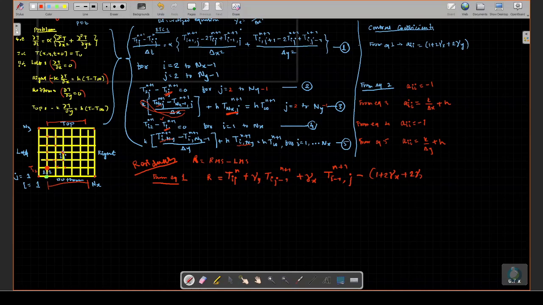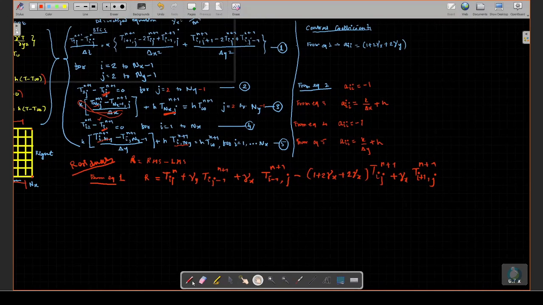You need not think that again you have to cancel this. No. Then I plus 1 comma j, n plus 1, plus gamma y T i j plus 1 n plus 1. The n plus 1 values are the unknown values, the current approximation, and this is previous.